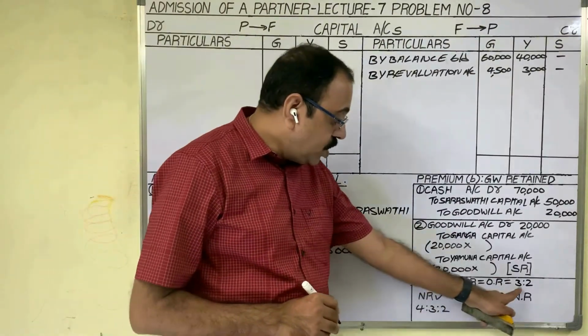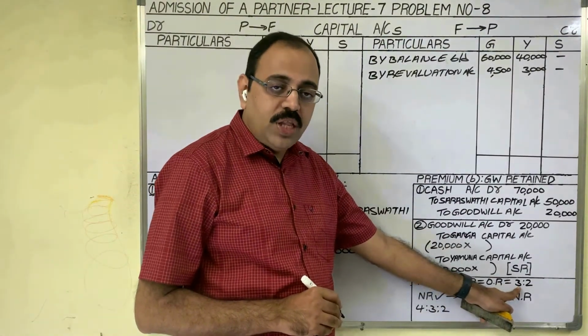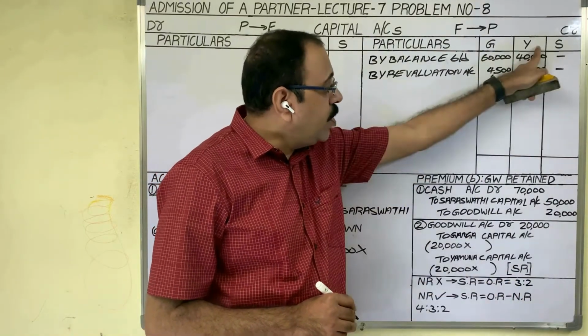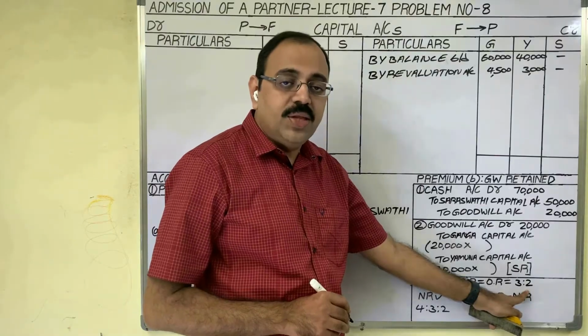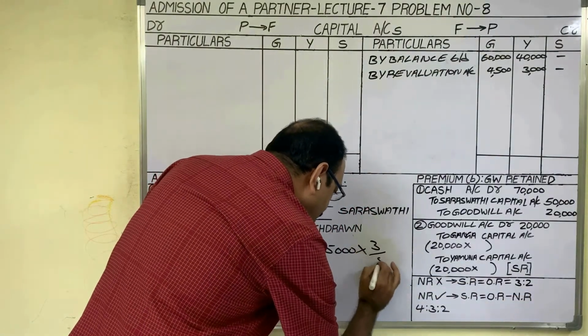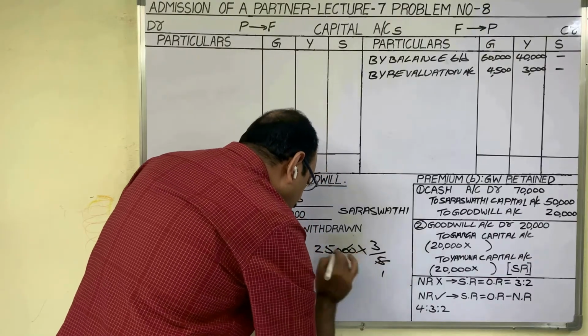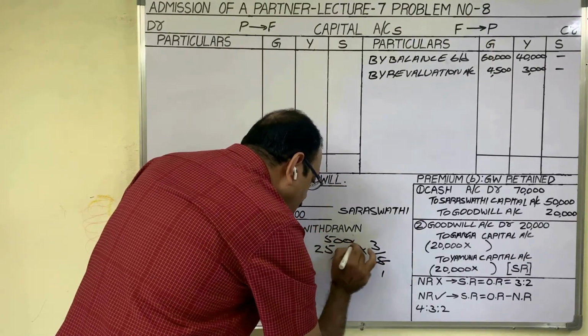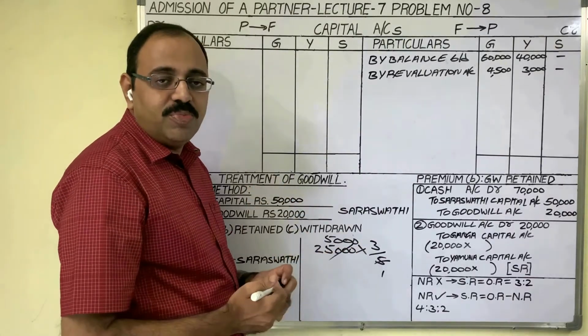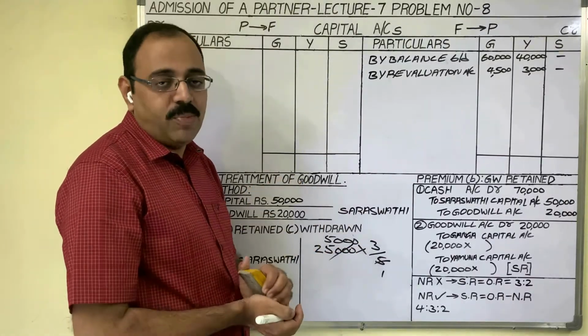The old profit and loss ratio is 3:2. Therefore, for Ganga 3/5, for Yamuna 2/5. These are the shares. So 3/5 of 25,000 rupees we should transfer to Ganga's capital account. 5,000 into 3 is 15,000 rupees. That is Ganga's amount.